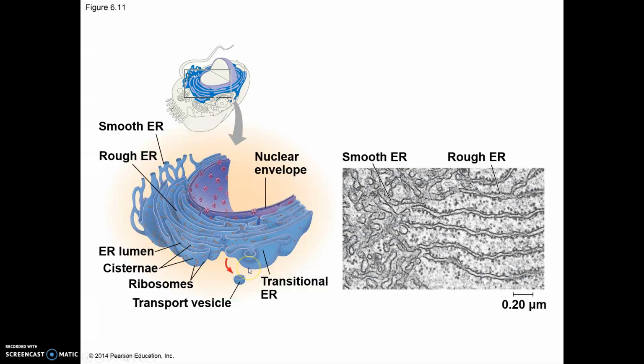Now, as we start progressing out past the ER, we start getting into more and more regions that almost become their own separate pieces. But they are still continuous somewhere. There's a little channel connecting somewhere.